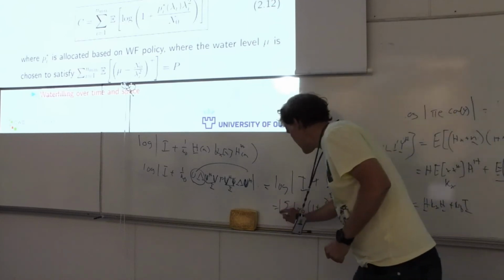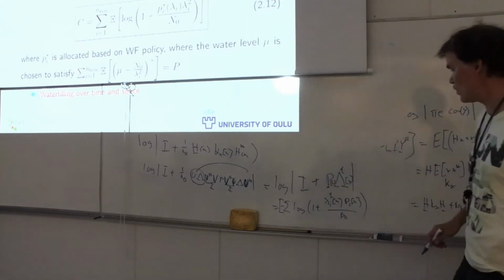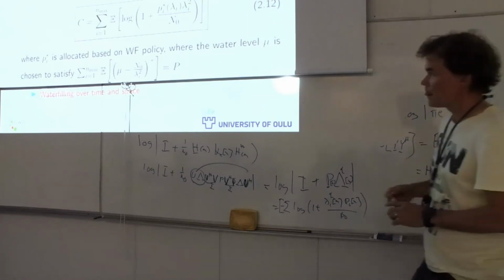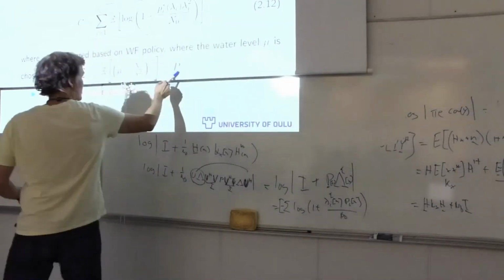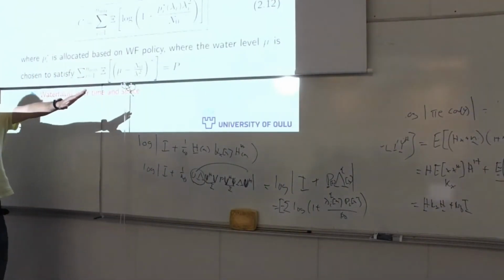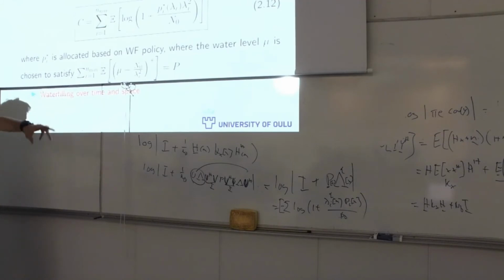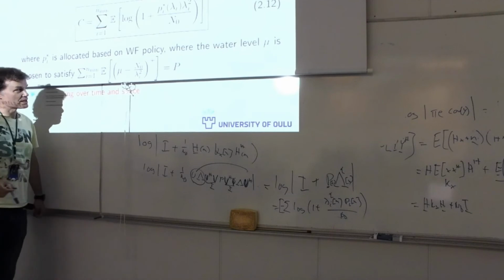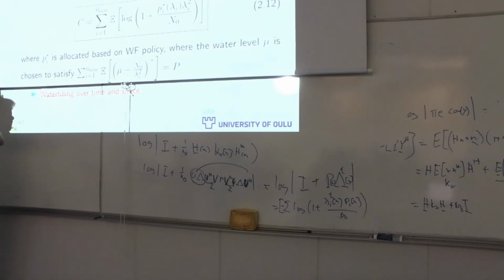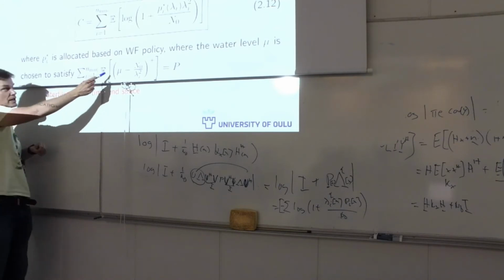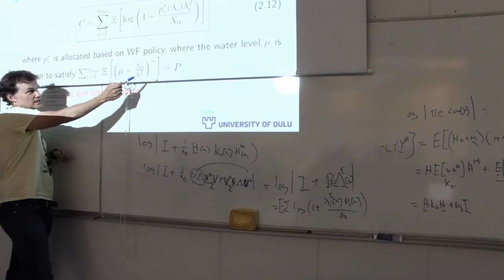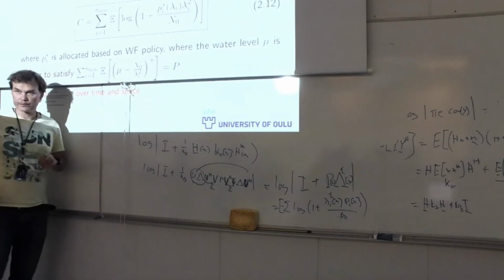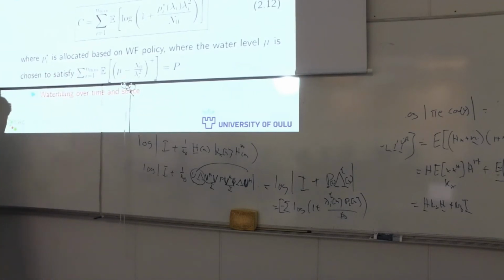When we have the expectation in front and an average power constraint, you can see that the power optimization now becomes over time and space. You have to find a water level that satisfies this ergodic, average power constraint.